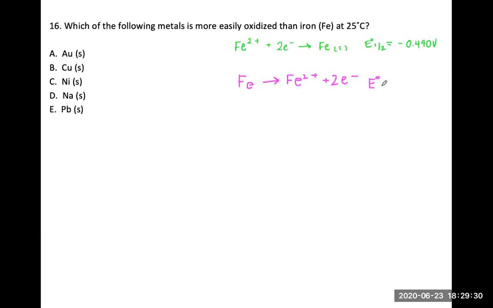We're going to use the data sheet, and we can look on the data sheet for anything that comes below iron, because when we reverse their reduction potentials, we'll find that they have a really positive oxidation potential.